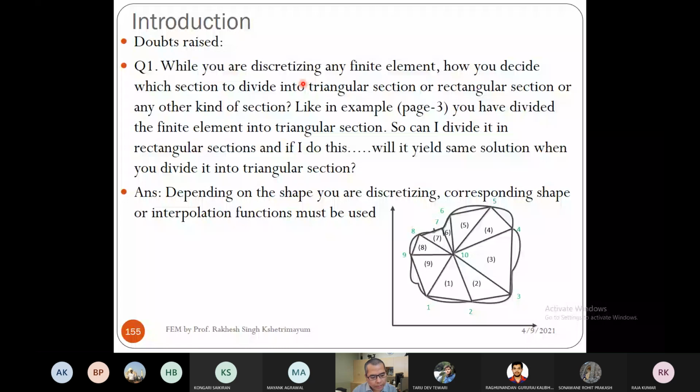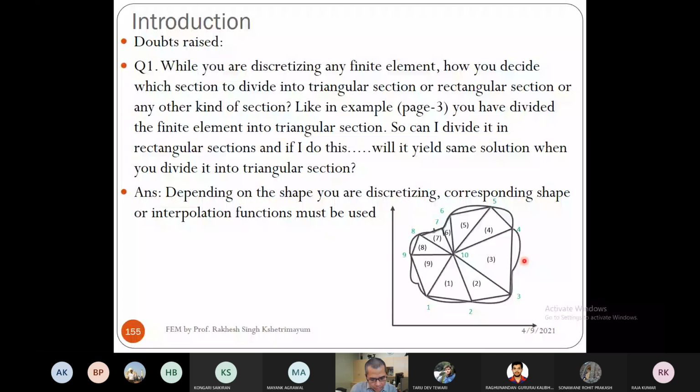That's why people are using triangular shaped elements of different sizes here. If you want to go for higher accuracy, then you should not leave out any solution space.